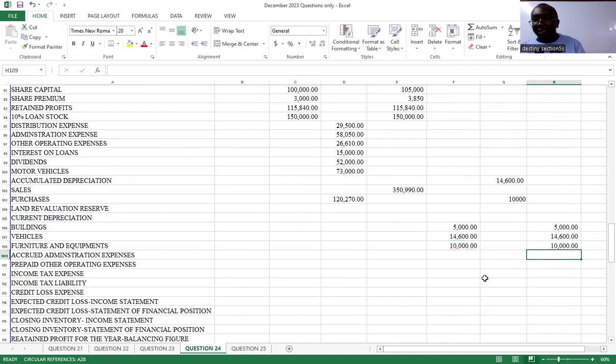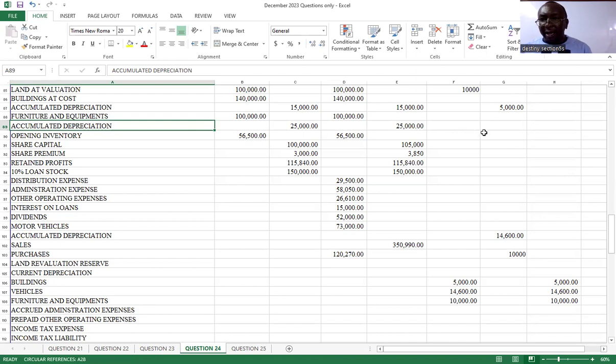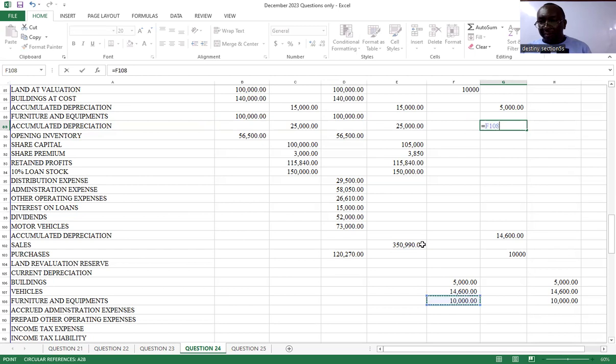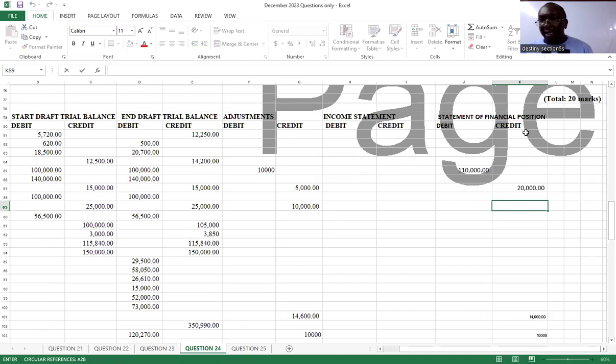And then we take this amount to the accumulated depreciation for the furniture. This line here, we come and credit here. Equals this amount. And then we go here to the credit, statement of financial position, let's say equals this amount plus this one. Yeah, so that one is already catered for.